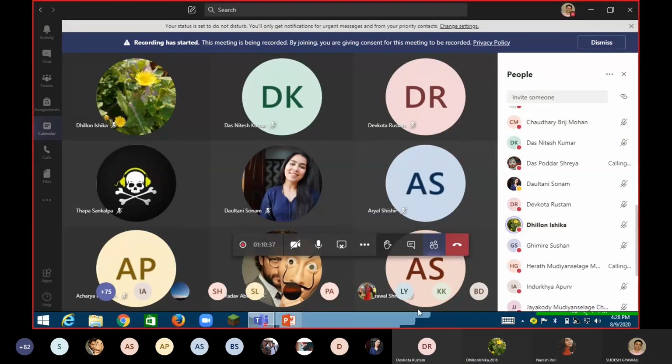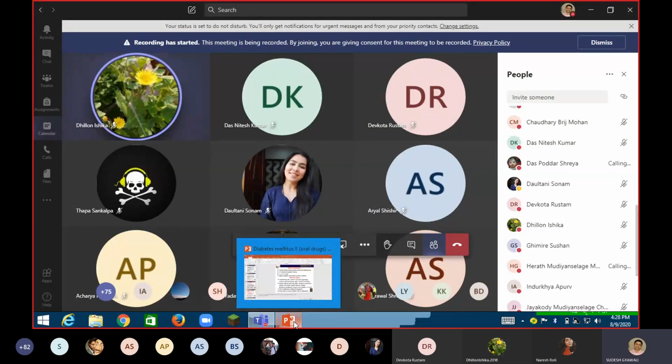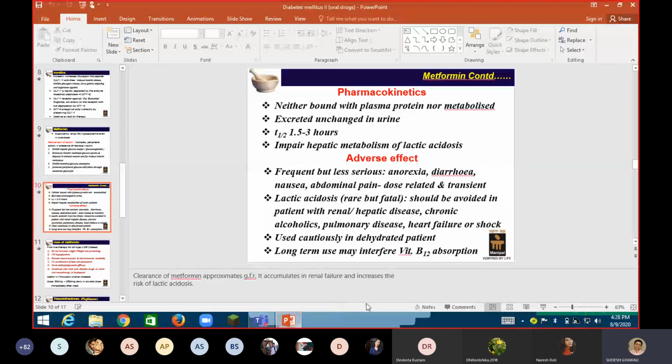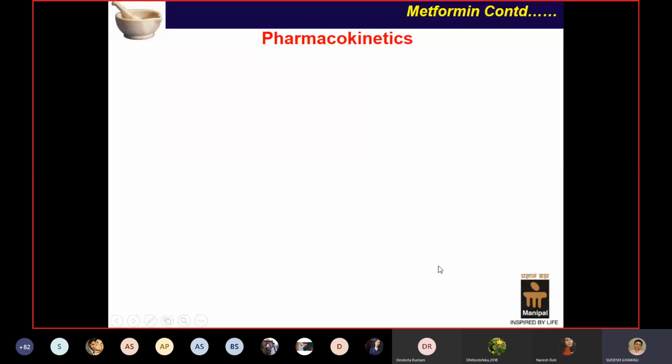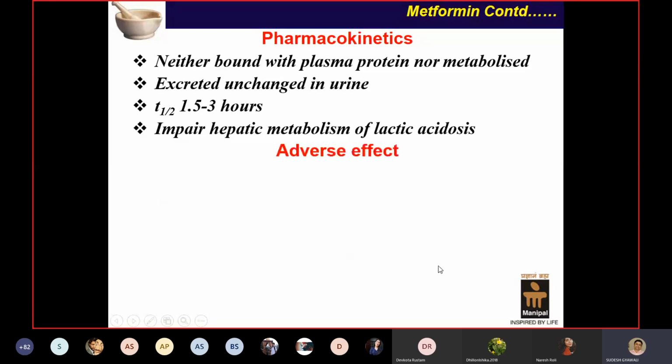What will happen if you use metformin in a kidney failure patient, or a person whose kidney is not working properly? What will happen?